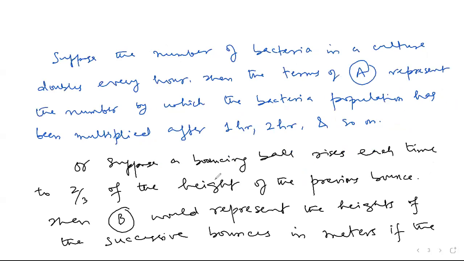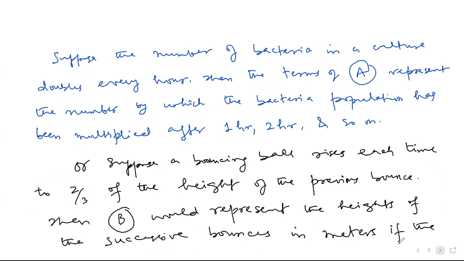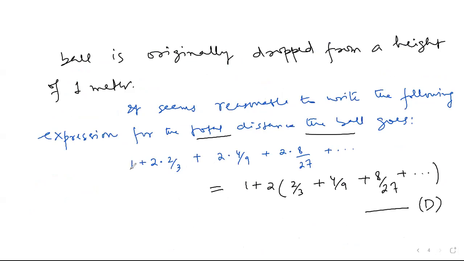By writing this expression for the total distance the ball goes. As I said, first the height was 1 meter, then it bounces to 2/3 of the previous one. So it rises 2/3, then it will fall 2/3. Then it will rise 4 by 9, it will fall 4 by 9. So excluding the first one, all heights are attained twice, because the ball first rises 2 by 3rd, then falls 2 by 3rd. It started with falling through 1 meter. That's why in the sum there is no 2 times in the first term.